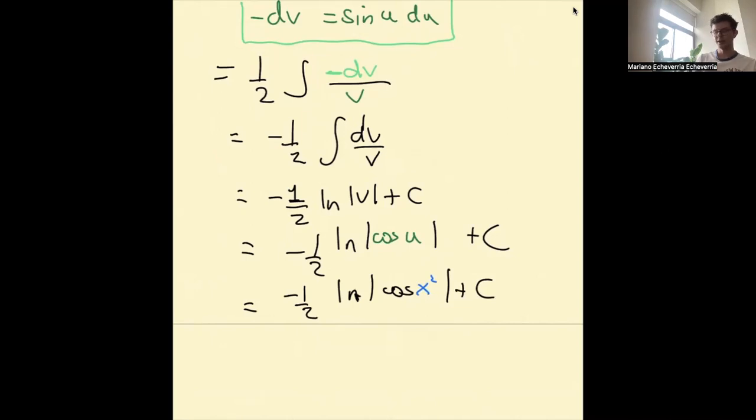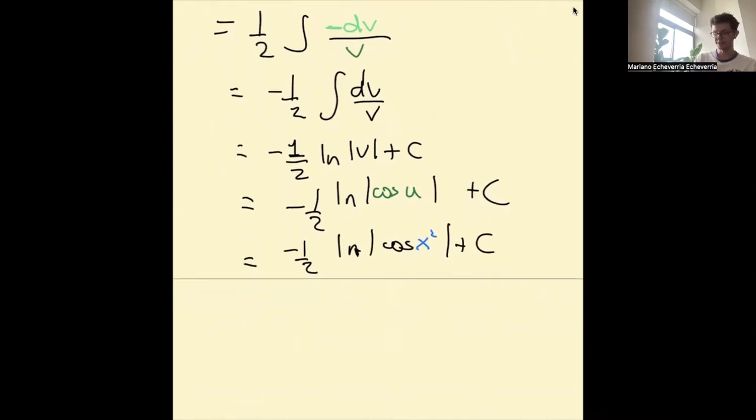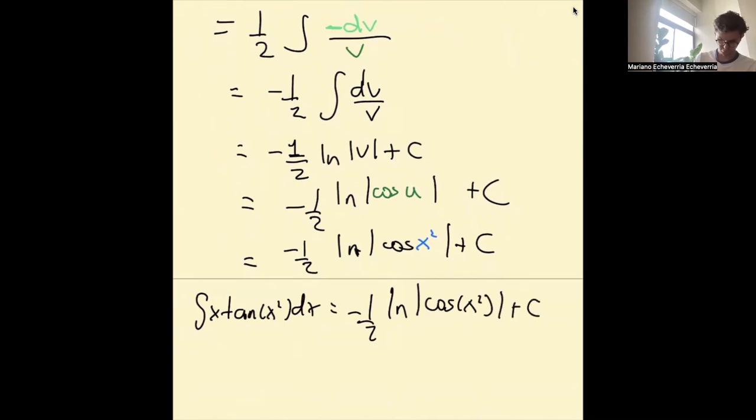So what I'm saying is that the integral of x tangent of x squared dx is minus 1/2 ln of cosine of x squared plus c.